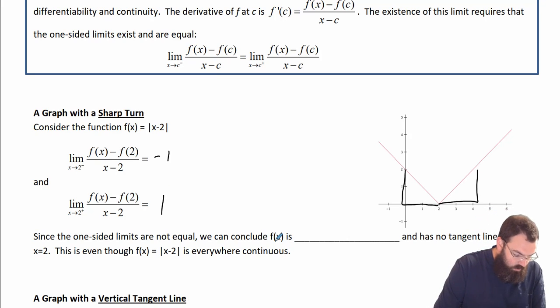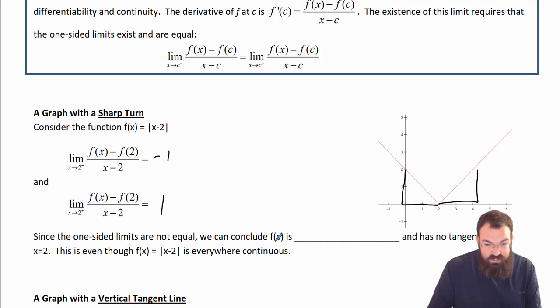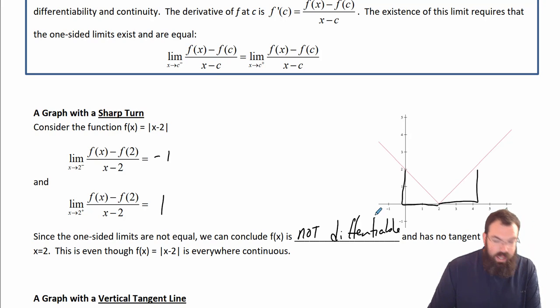Since they're not equal, we can conclude that the original function is not differentiable and it has no tangent line at x equals 2. So at x equals 2 right there, it is not differentiable.